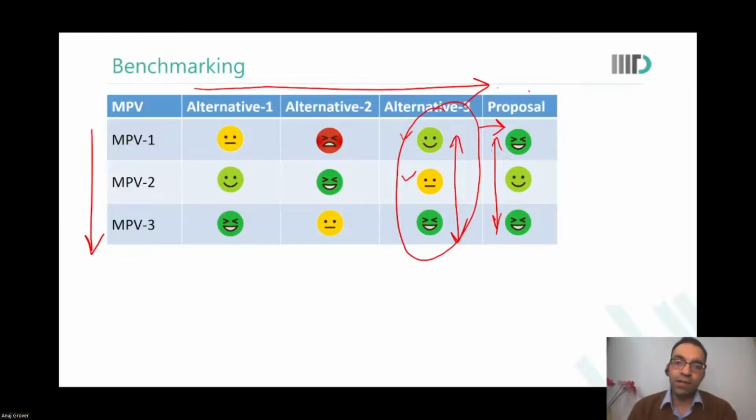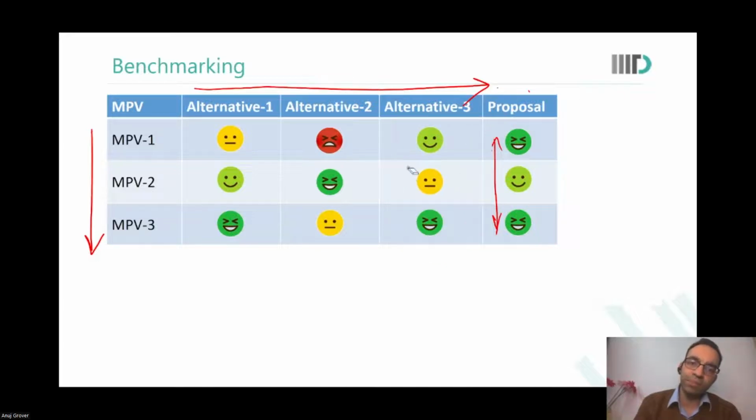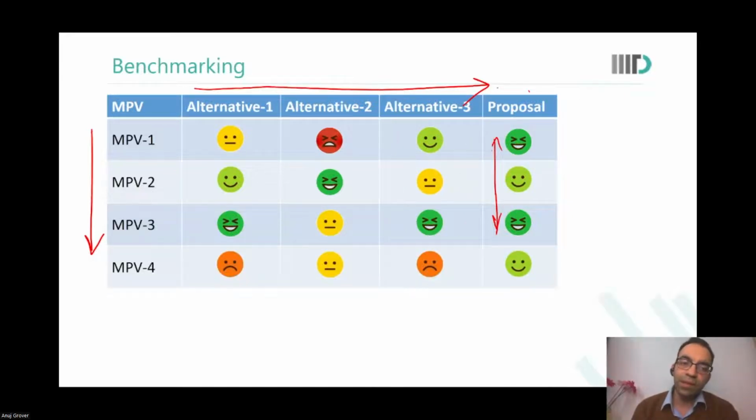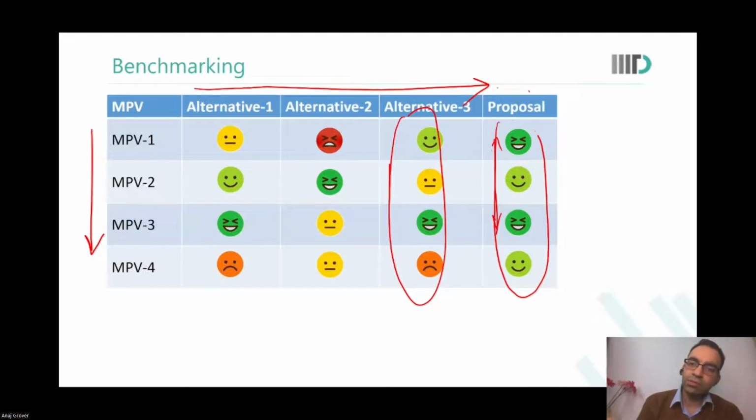However, if you are a startup, then the game changes. Then this alternative 3 is your biggest competitor. So you take an extra step. You say, okay, let me define another main parameter of value, MPV4, where even alternative 3 would falter and our solution would stand out.